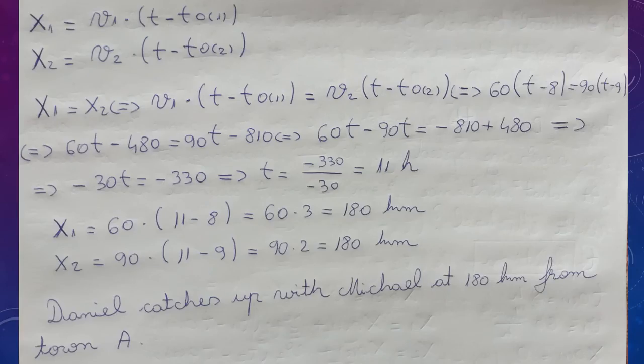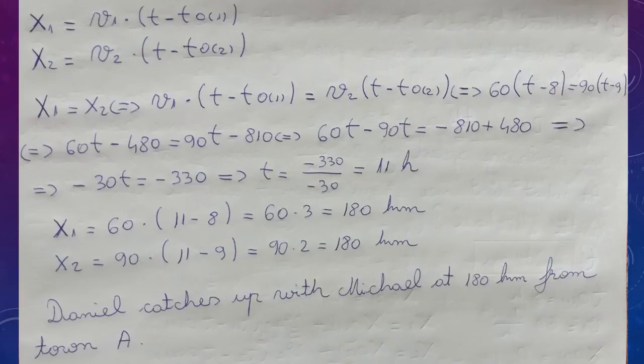We substitute x01 and x02 in the two equations with 0, and the equations become x1 equals v1 times (t minus t01) and x2 equals v2 times (t minus t02).